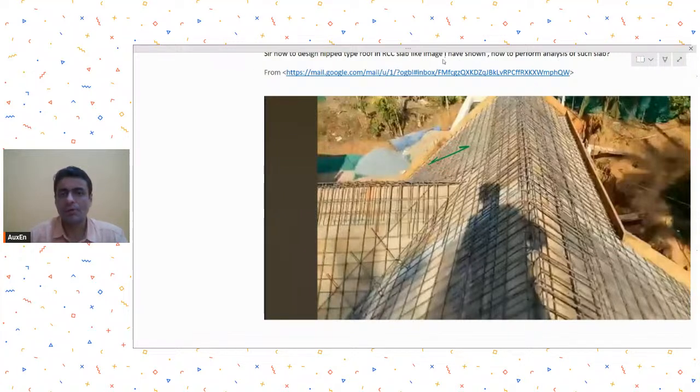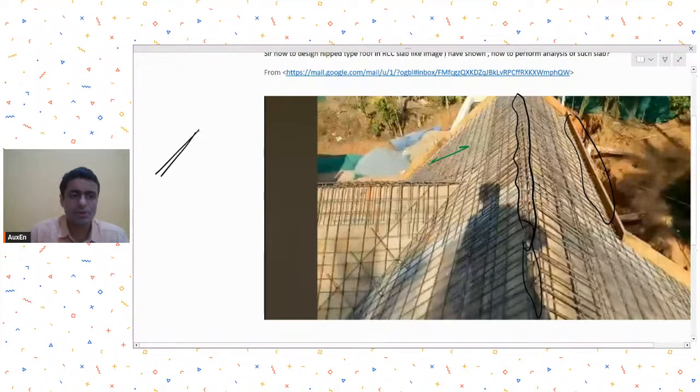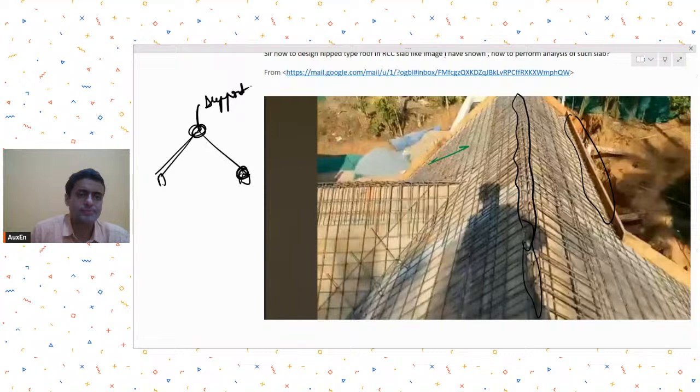What I do for such cases, and if you refer to textbooks they also say this, is that because of the pitched roof geometry itself, maybe you have some supporting system over here, or maybe you don't, but because of these folds themselves, it gets credible support lines.